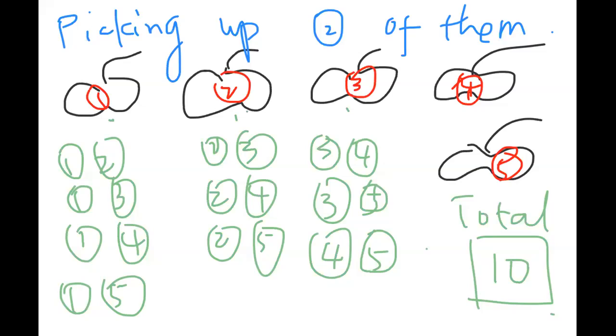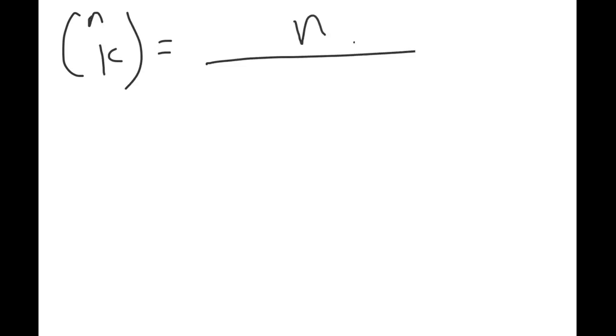It takes forever to calculate, let's say, 10 choose 3. Fortunately, we have a formula for calculating the binomial n choose k. It equals n factorial divided by k factorial times n minus k factorial.